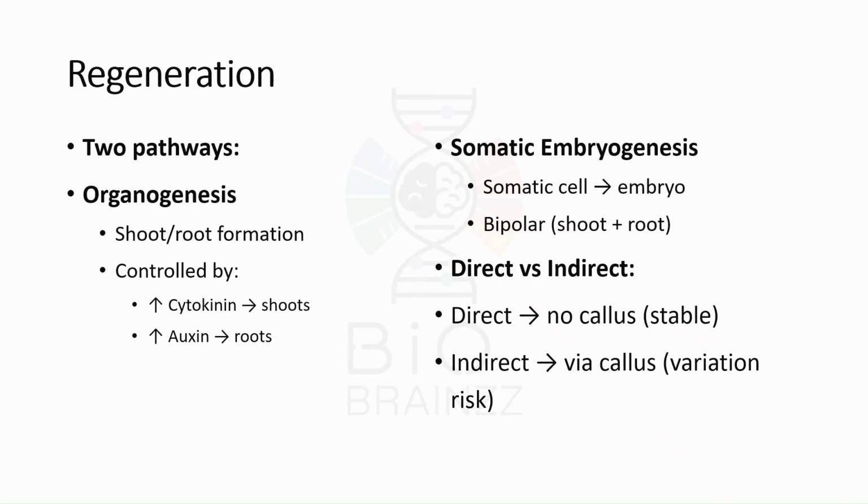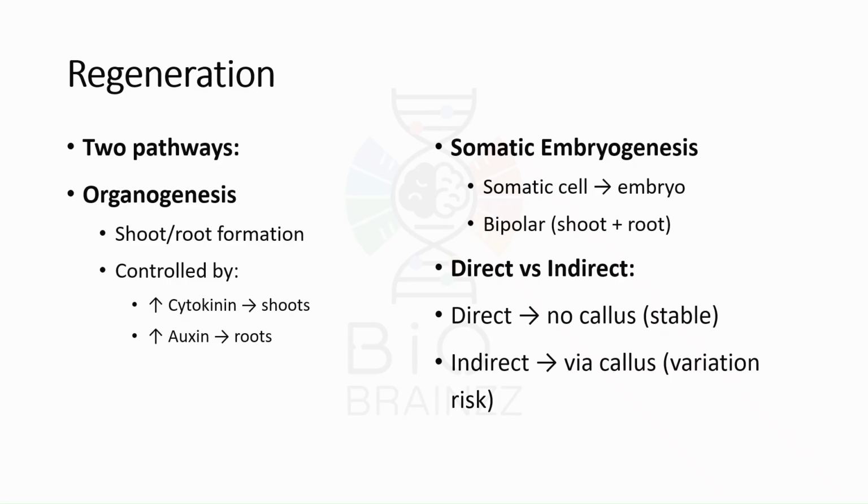Regeneration means formation of a whole plant from a cell or tissue. There are two main pathways, organogenesis and somatic embryogenesis. In organogenesis, shoots and roots are formed separately, and this depends on the ratio of auxin and cytokinin.